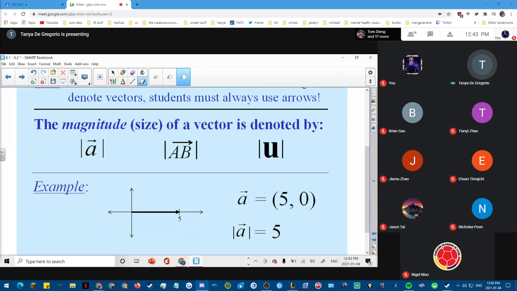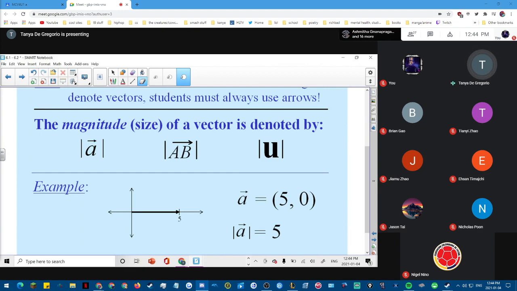So obviously we don't want any negatives in there because we're talking just about size. This should make sense to you because you know what absolute value bars are. And with absolute value bars, you always just take the positive, yes? And so this is the exact same thing. It's the same concept. Here we have the absolute value or the magnitude of vector AB.